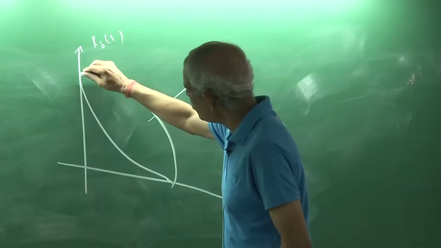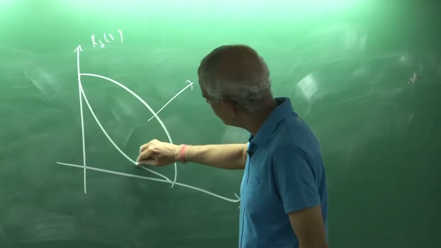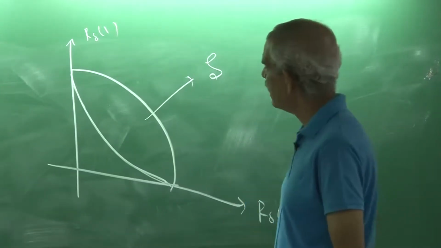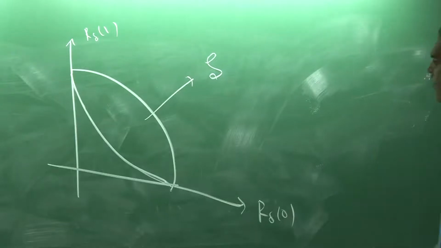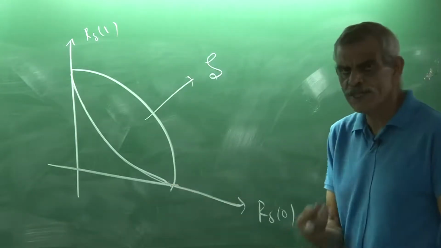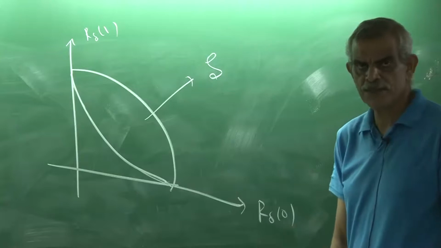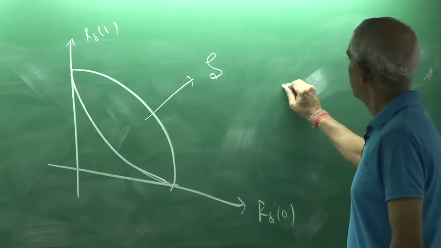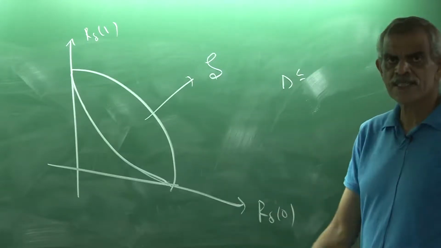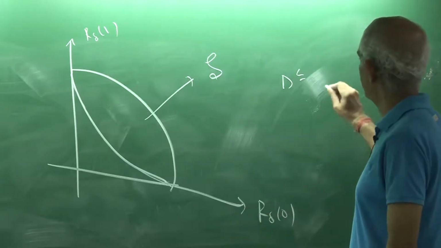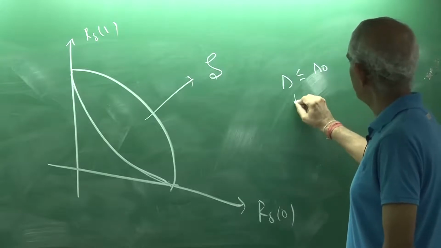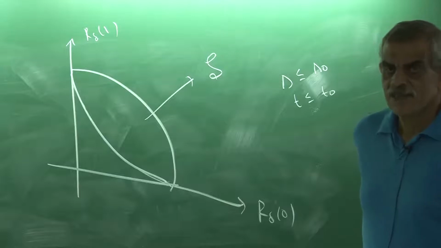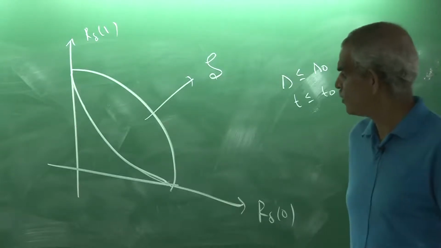So what would be the points corresponding to an inadmissible estimator? All those points S and T, such that there exists a point such that S is less than or equal to S naught and T is less than or equal to T naught for some S naught and T naught, with strict inequality for some.